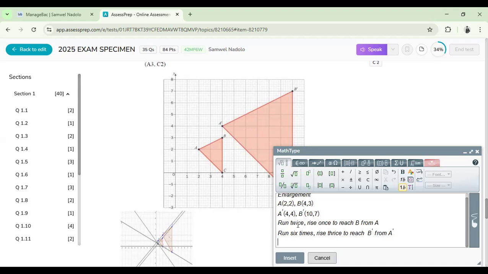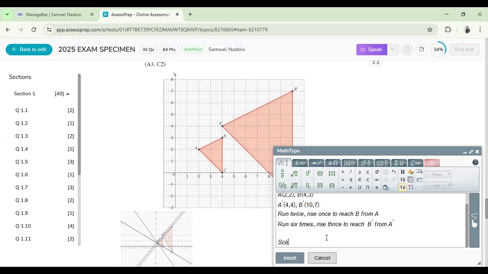For you to reach 6 from 2, you have to multiply 2 times 3 to have 6. Okay, that is done. Look at how many times you rise. You rise once, and for the enlarged object, you rise thrice. So you also see that you have to multiply 1 by 3 to get 3. So then your scale factor there becomes 3.